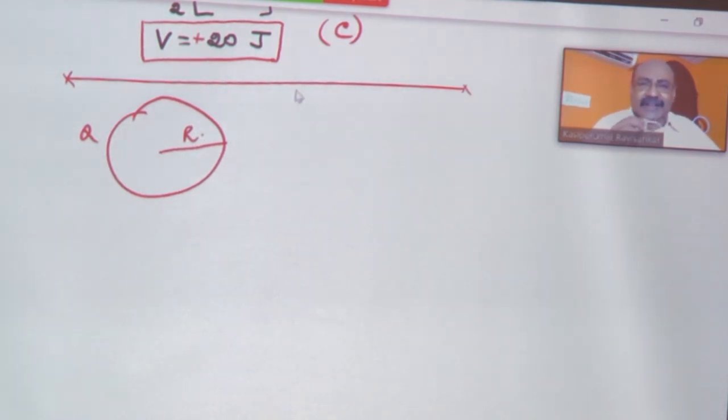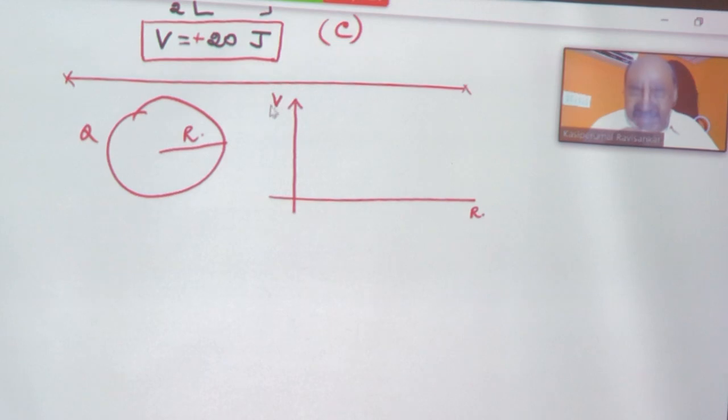While studying that itself, we have drawn the graph by taking the radius or the distance along the x-axis and the potential along the y-axis.